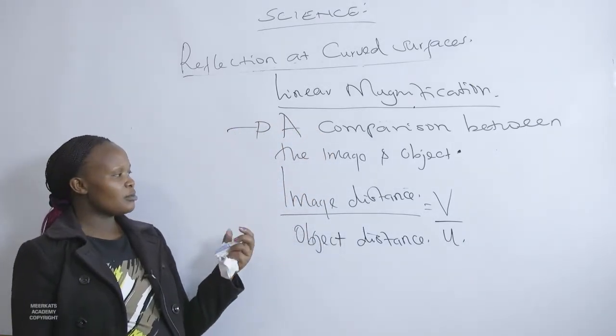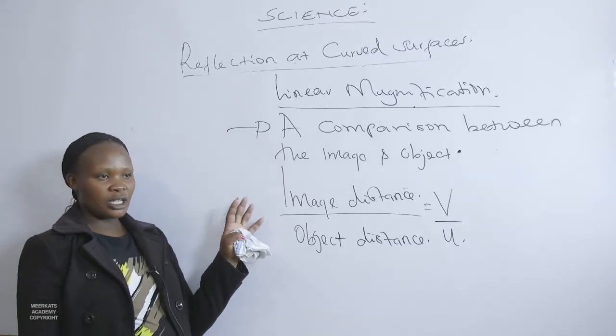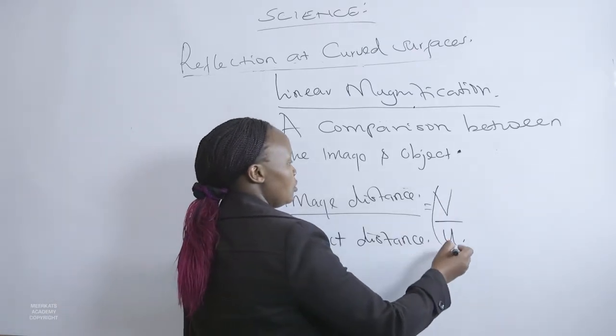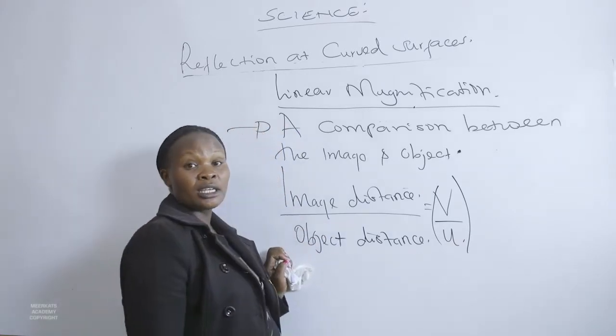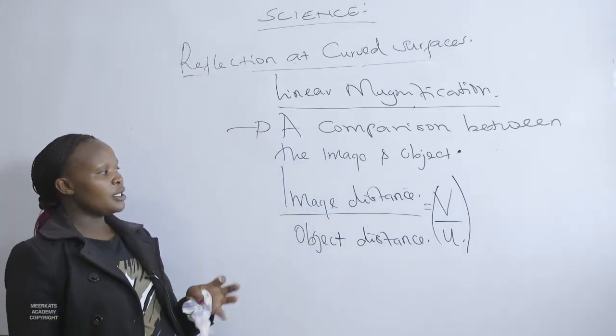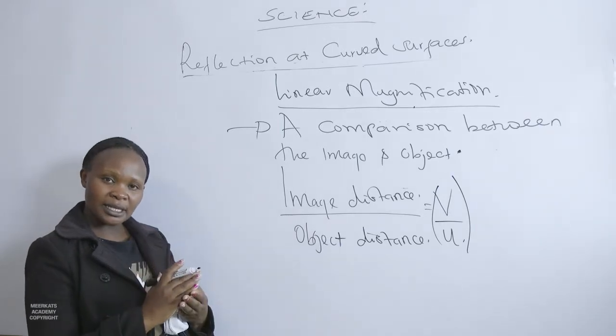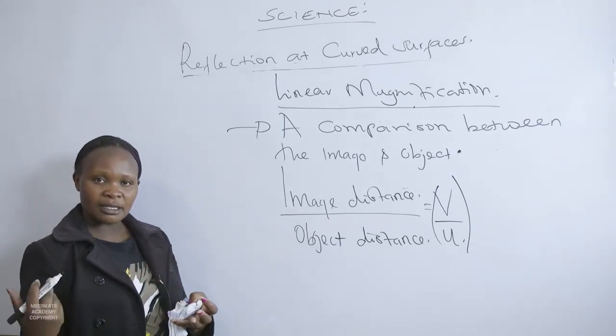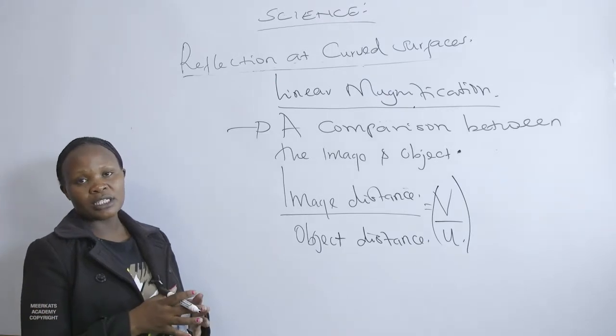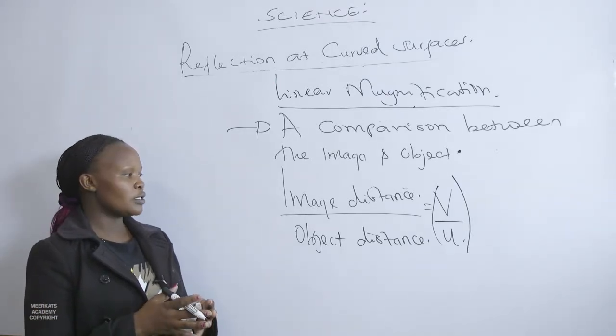Again, there are times where you find your magnification, that is V over U, is actually less than 1. That means that the image is placed at a greater distance behind the mirror than an object is in front of the same.